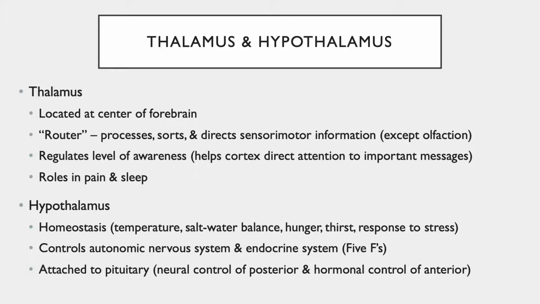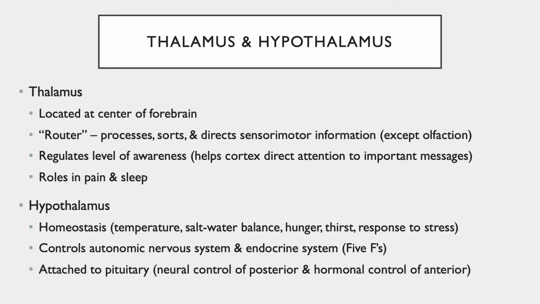The hypothalamus is a very important brain region that is almost the conductor of the neuroendocrine system. It helps regulate homeostasis in the body by making changes as needed to things like temperature, salt-water balance, hunger, thirst, responses to stress, and a myriad of other factors as well.